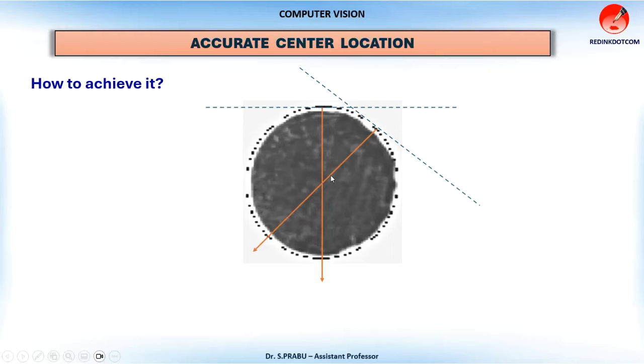If you draw this line from all the exact edges, we can get more count. Suppose the pixels belong to outside of this circular edge, that may be present here or here. If you draw the straight line like this towards the circle, it does not intersect this point. So the more number of intersections tells this is the center of the circle.